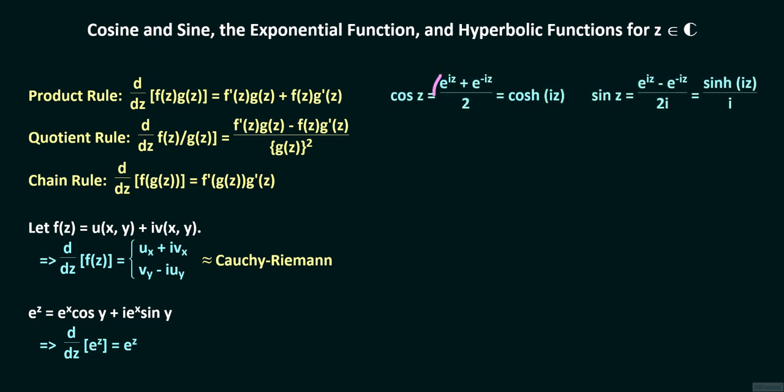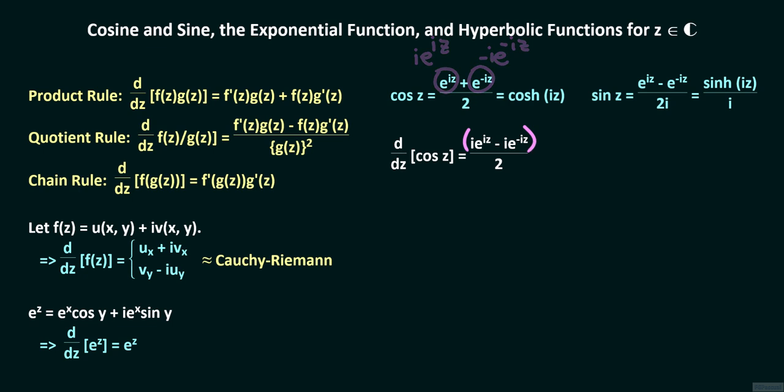We differentiate this fraction to find the derivative of cosine z. The derivative of e to the iz power with the application of the chain rule is i times e raised to the power i times z. And the derivative this time of e raised to the minus iz power is minus i times e raised to the minus iz power.